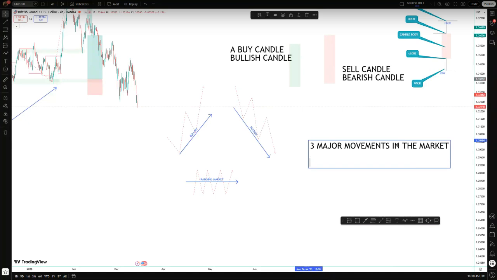In the market, we have the bullish, which creates higher highs and higher lows. And then we have the bearish, which is lower highs and lower lows.